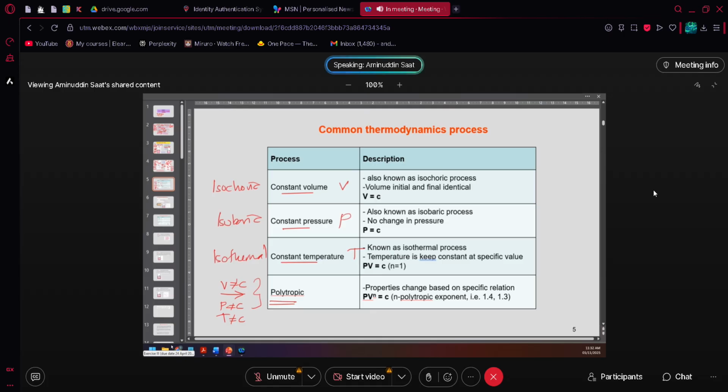Generally, most of the processes in real problems fall under the polytropic. But to simplify the process, we can assume some other parameter constant like volume or pressure or temperature. So these are the four common thermodynamic processes that you might deal with in this chapter: constant volume, constant pressure, constant temperature, and polytropic.